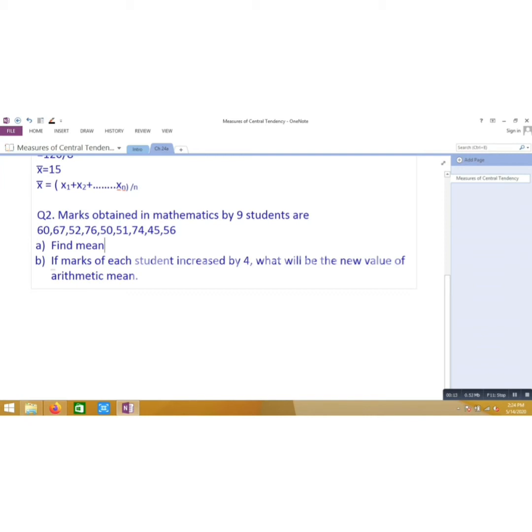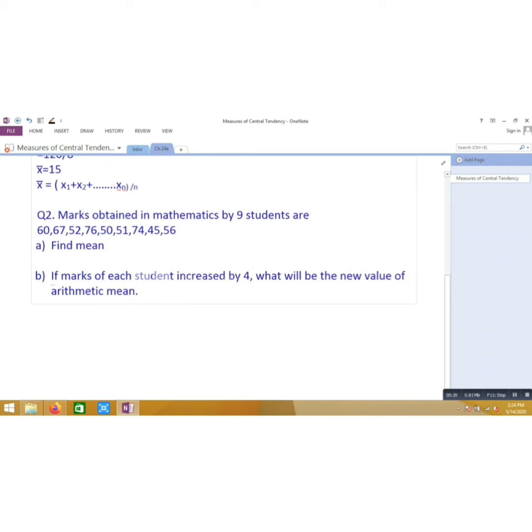So we need to add all the scores and divide it by 9 to get the arithmetic mean. 60 plus 67 plus 52 plus 76 plus 50 plus 51 plus 74 plus 45 plus 56 divided by 9. So that's the total number of data points.